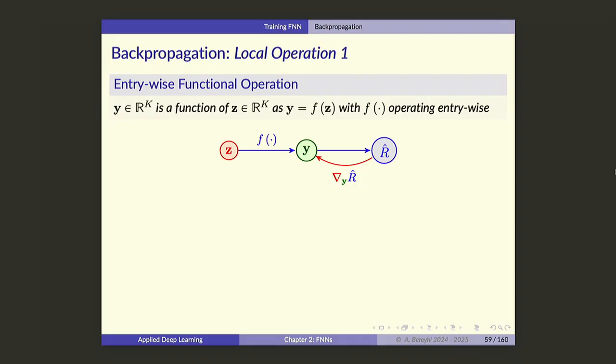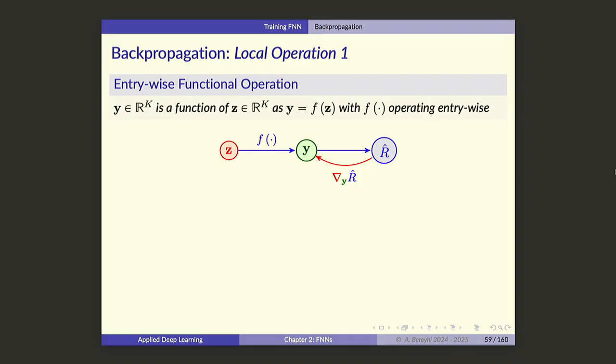What kind of process is this in a neural network? Activation. In a neural network, you compute your z, your soft information, and then you activate it. When you activate it, you pass every single entry through function f. So it's the same thing. I assume z has the same dimension as y, and then I want to figure out the gradient of r hat with respect to z.